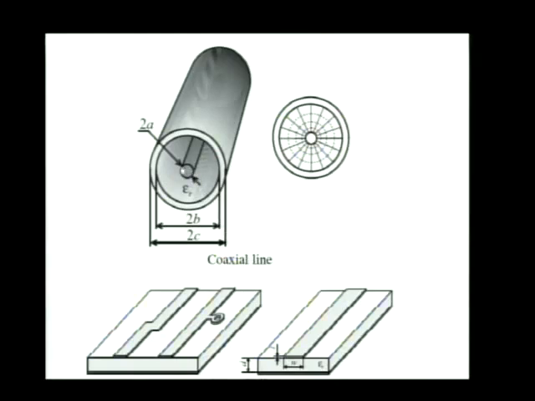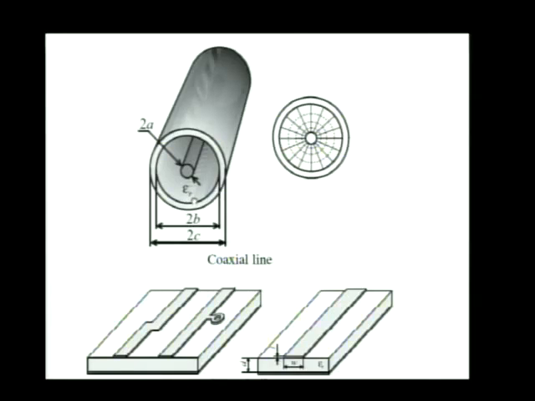Conductor of radius a as the center conductor, outer conductor of inner radius b and outer radius c, some sort of a dielectric in between the inner and outer conductor of permittivity epsilon r, dielectric constant epsilon r, where the actual permittivity is epsilon 0 times epsilon r.